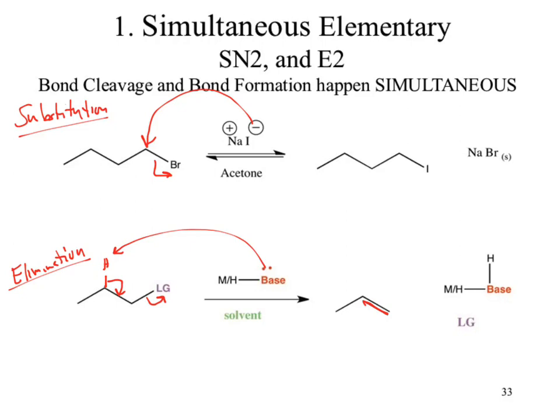Okay? How many reactants are in that? I have the iodide, and I have that carbon bromide. There are 2 things. There's the SN2. It's a substitution. 2 things in my rate law.